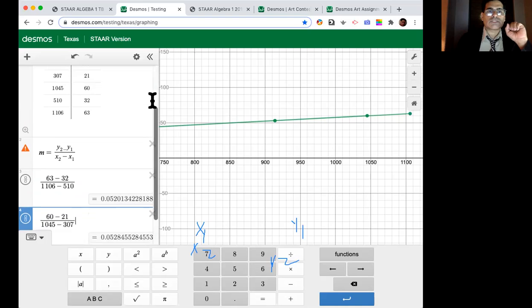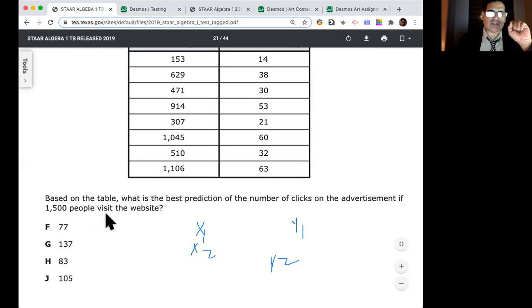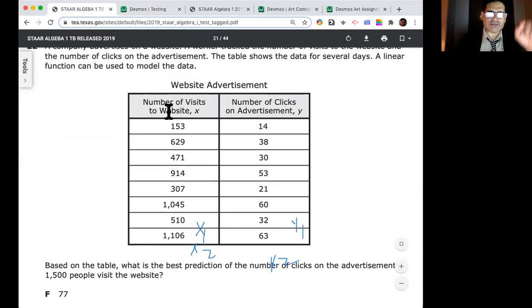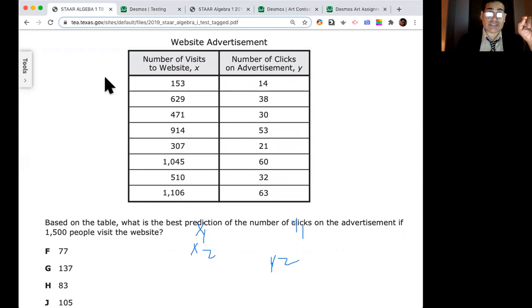Okay. So whatever we get with the given number of 1,500 people, those are x, 1,500 people. So we need 1,500 people, it's our x. Yeah, okay.